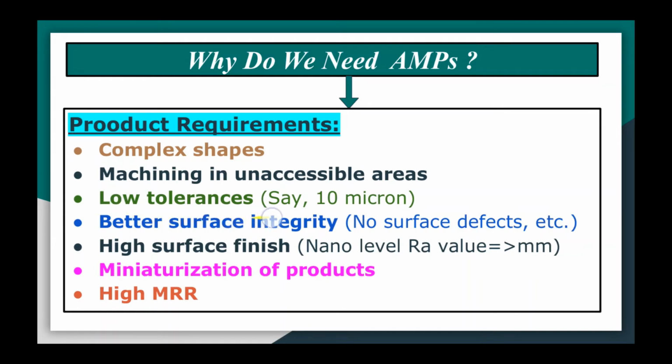For the conventional cutting tools, maybe single point cutting tool or multi point cutting tools, there you definitely require advanced machining process. For what purpose? To machine the inaccessible areas, using the cutting tool. Also to overcome that point we need advanced machining process.